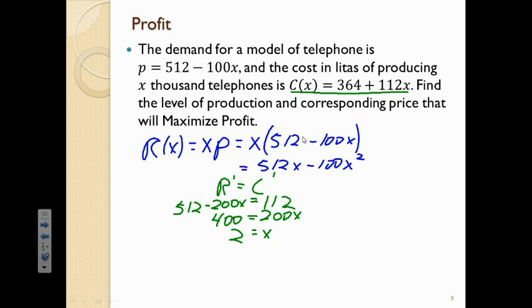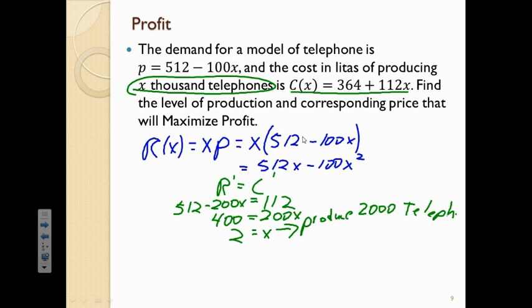Well, no, because we were told that x is in thousands of telephones. So this realistically means that we want to make 2,000 telephones.